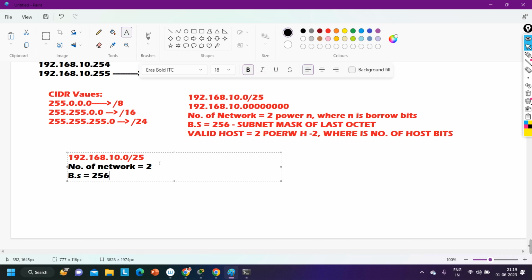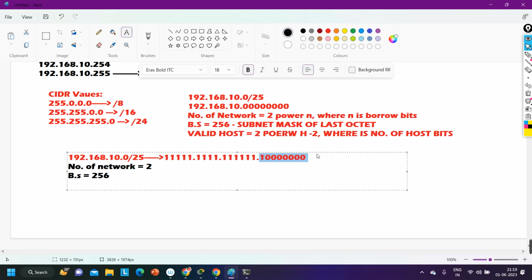Yes, 128. Because if you convert /25 into binary, there will be all 1s in the first octet, all 1s in the second octet, all 1s in the third octet also, but in the fourth octet there will be one 1 and the remaining 7 bits will be 0.